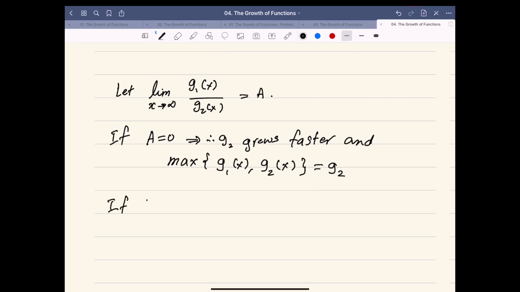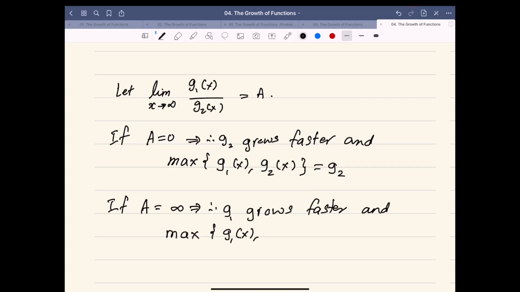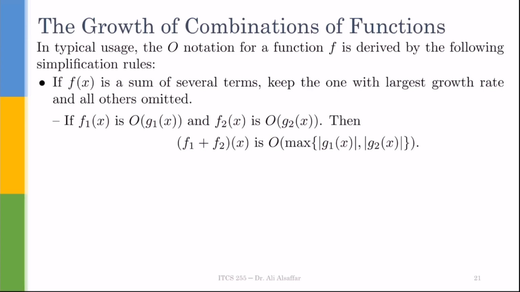And if a is equal to infinity, then g1 grows faster and it's going to be the larger, and the maximum of g1 of x and g2 of x will be equal to g1. The sum rule is not only applicable on big O, it is also applicable on big theta.